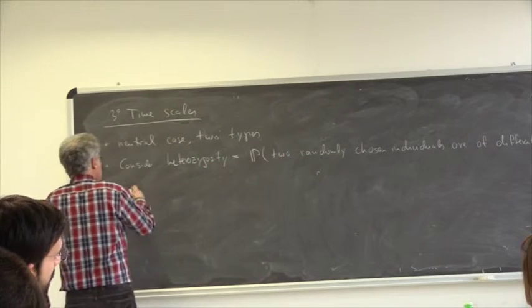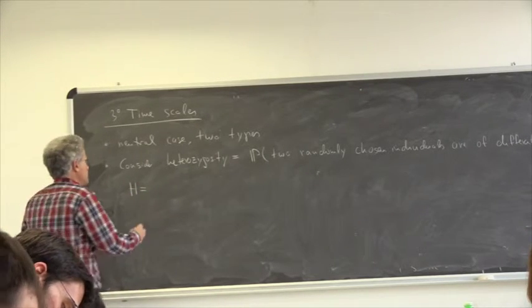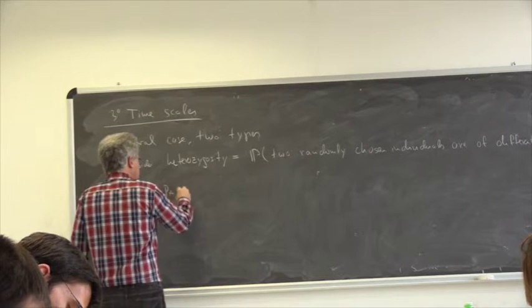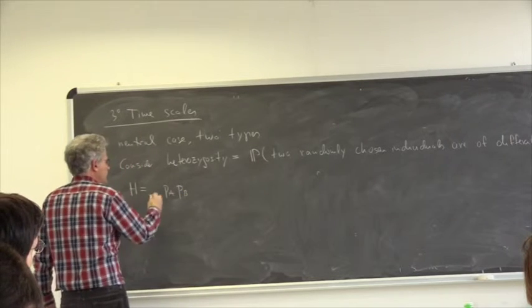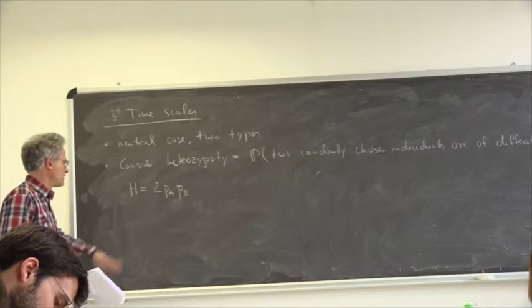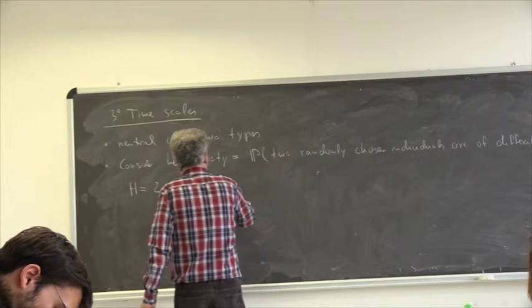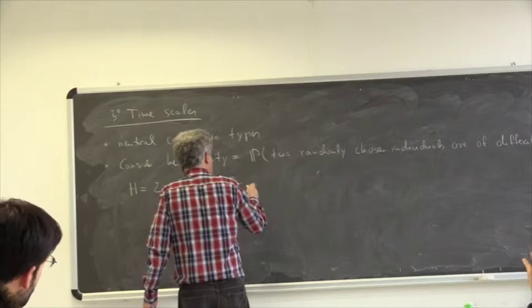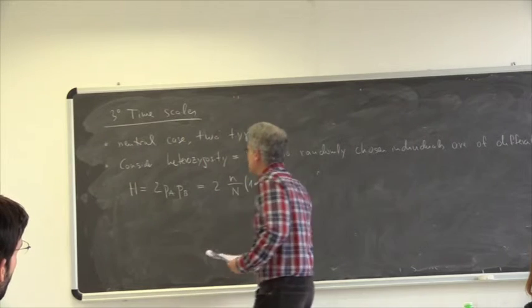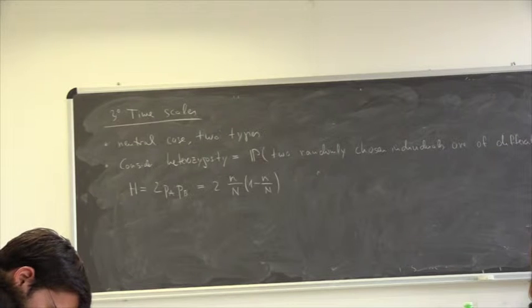And this is obviously, in the neutral case, let's call this H, right? So this is equal to the probability that the first individual is of type A times the probability that the second individual is of type B, or vice versa, because we have this possibility of doing the order, there's a factor of 2, right? So this is obviously equal to 2 times n over N times 1 minus n over N. So this is the value of the heterozygosity in the population, right?